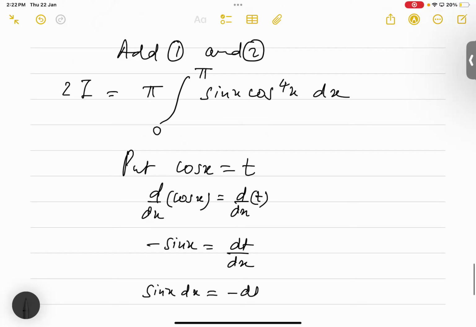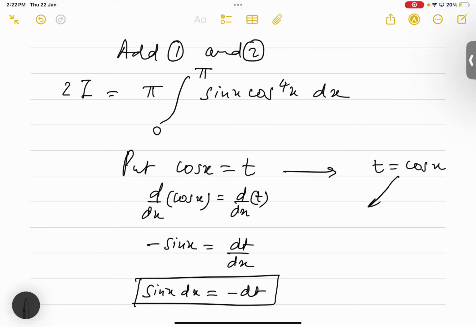Sin x dx is minus dt. Now this is definite integration, so the limits change. t is equal to cos x. Cos 0 is 1, and what is cos pi? Minus 1.